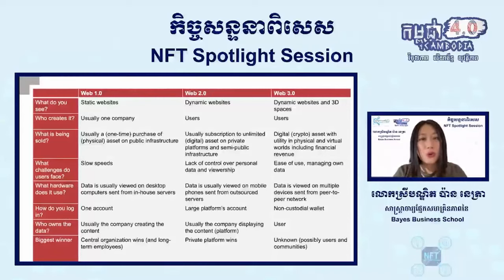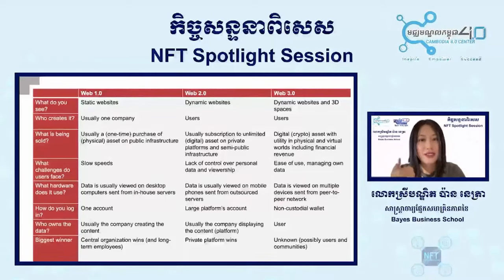We don't own that information, and we don't get paid. We don't own the revenue from our digital asset, from our data. And so the biggest winner are these platforms like Facebook, Instagram, and so forth. Well, actually, Facebook and Instagram are one company.